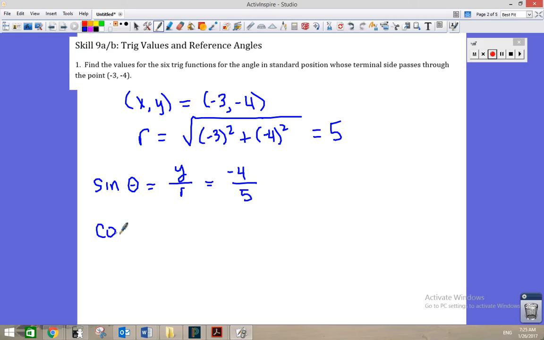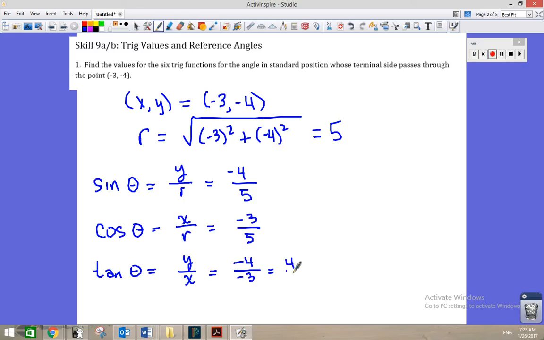The cosine of angle theta is x divided by r, and that is -3 divided by 5. The tangent of angle theta is y divided by x, and that is -4 divided by -3, and the negatives cancel, so we just have 4/3.